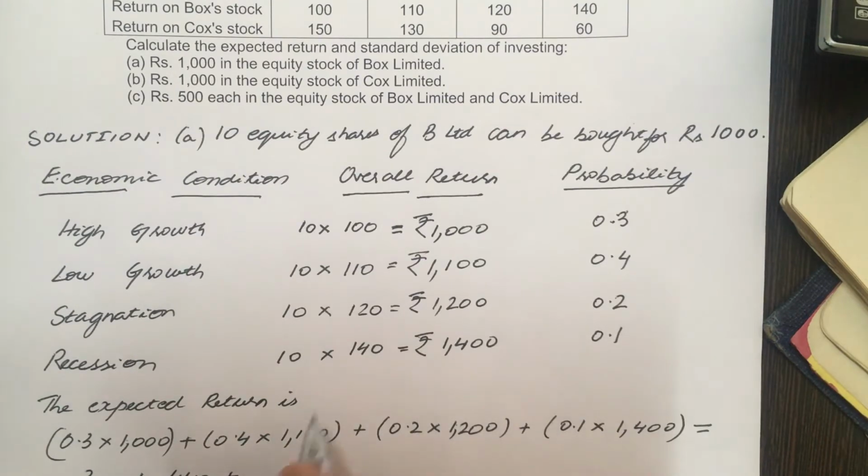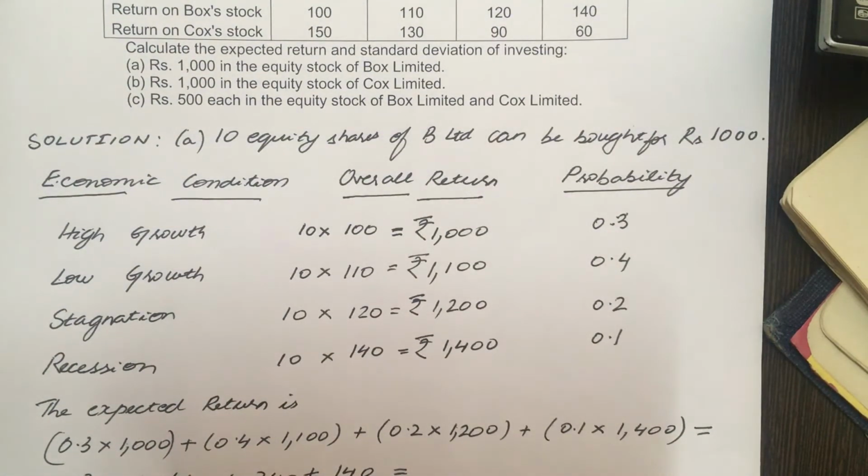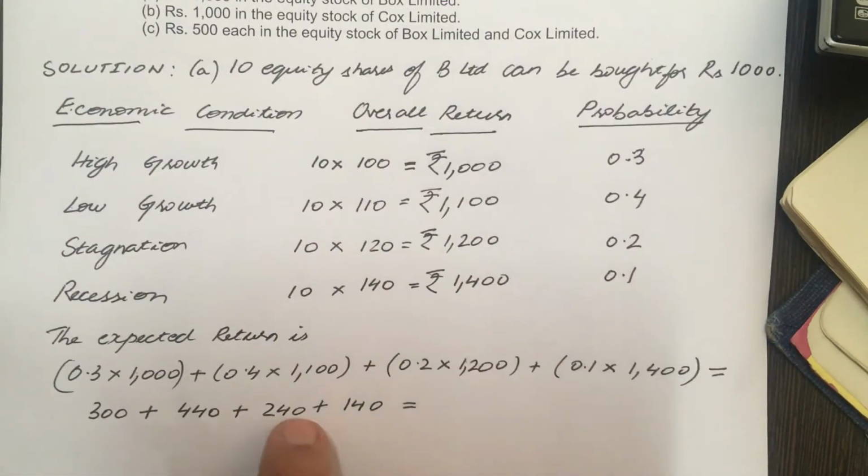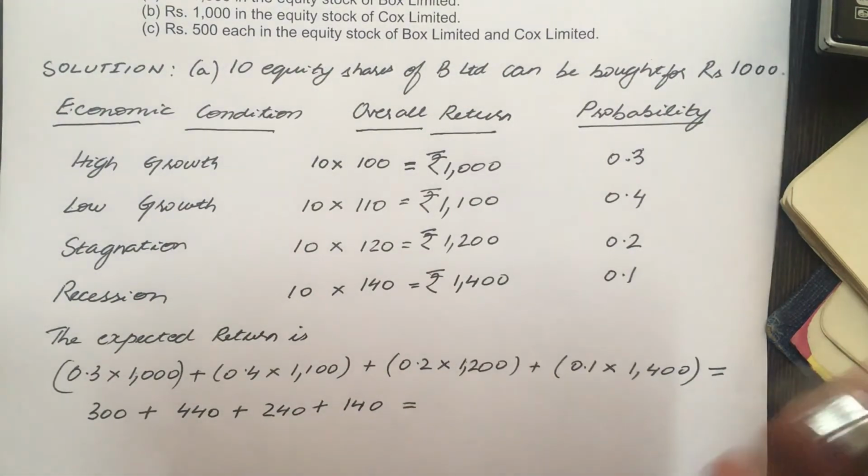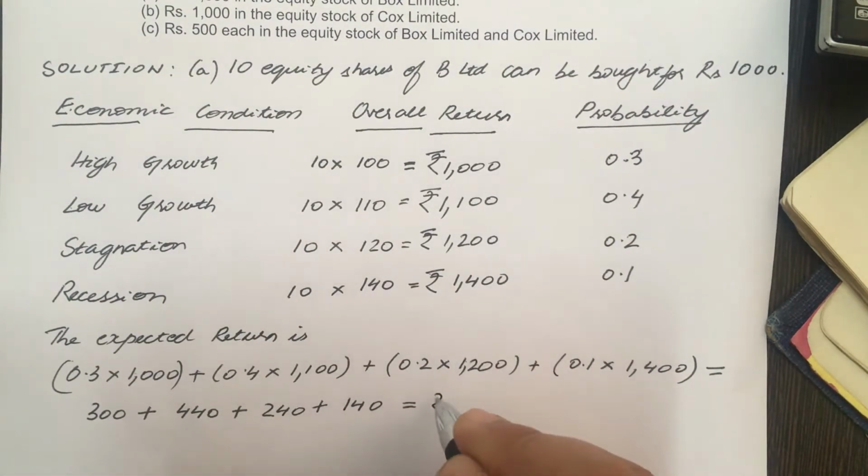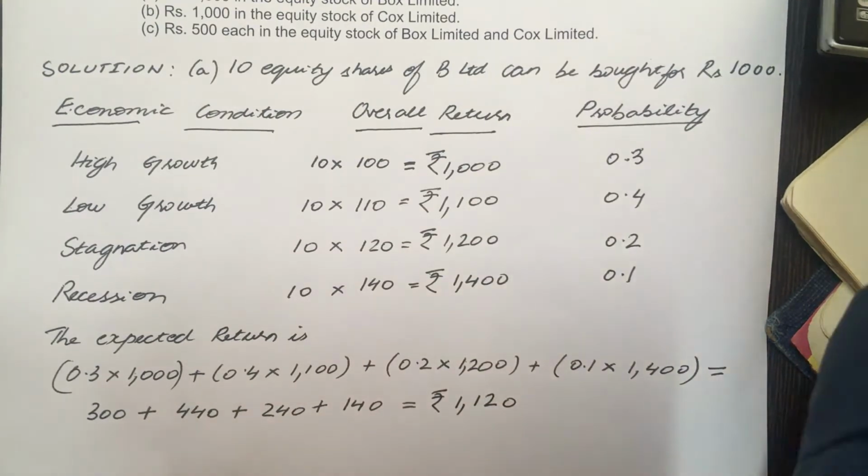Then 240 and 140. So let's add this. 300 plus 440 plus 240 plus 140 equals 1120.